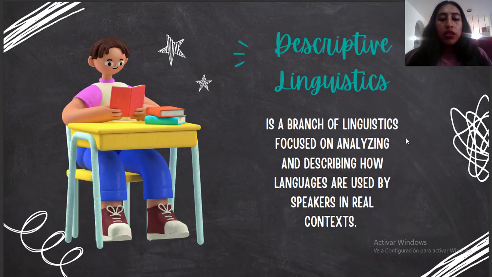Okay, descriptive linguistics is a branch of linguistics focused on analyzing and describing how languages are used by speakers in real context. It does not aim to prescribe rules of correct usage, but rather to document and understand linguistic features such as sounds, words, and syntax within a particular language or dialect.